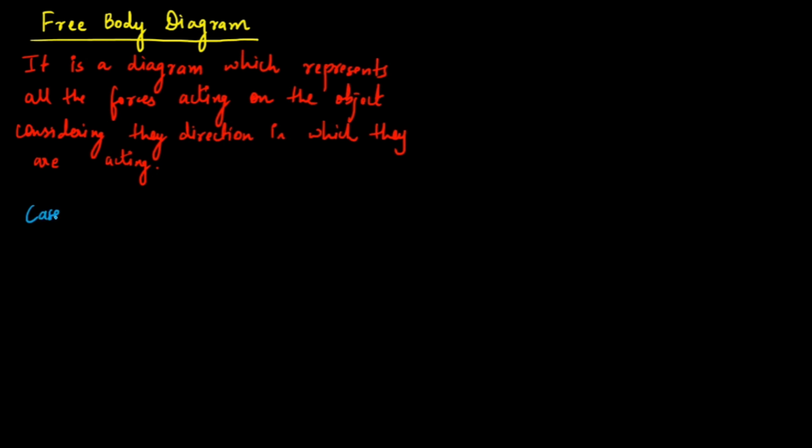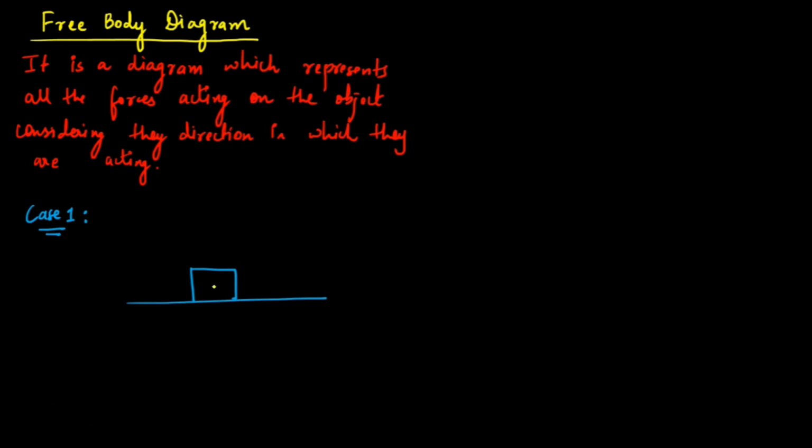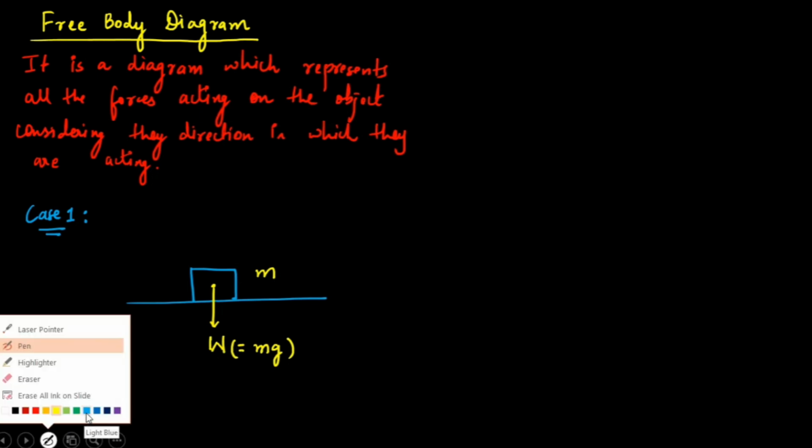In case one, there is an object lying on the surface of the earth. Because of its mass and gravity acting on it, it will have weight acting in the downward direction, equal to mg. What is mg? m is the mass, g is the acceleration due to gravity.